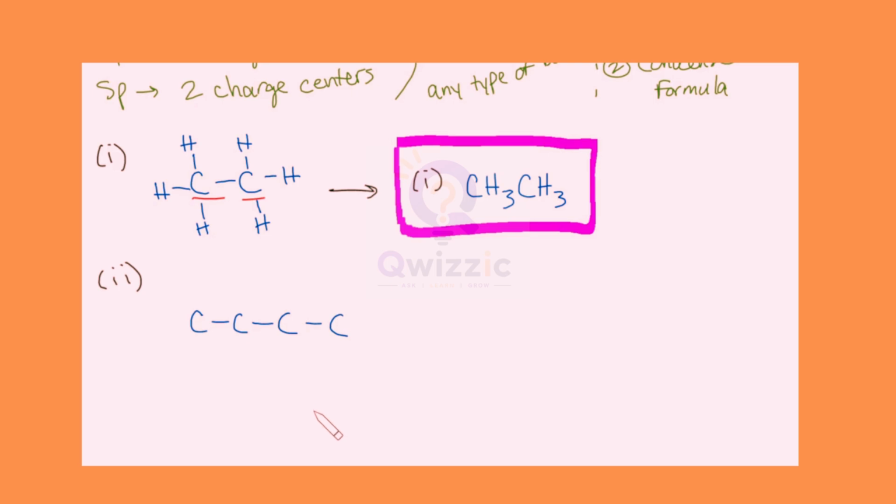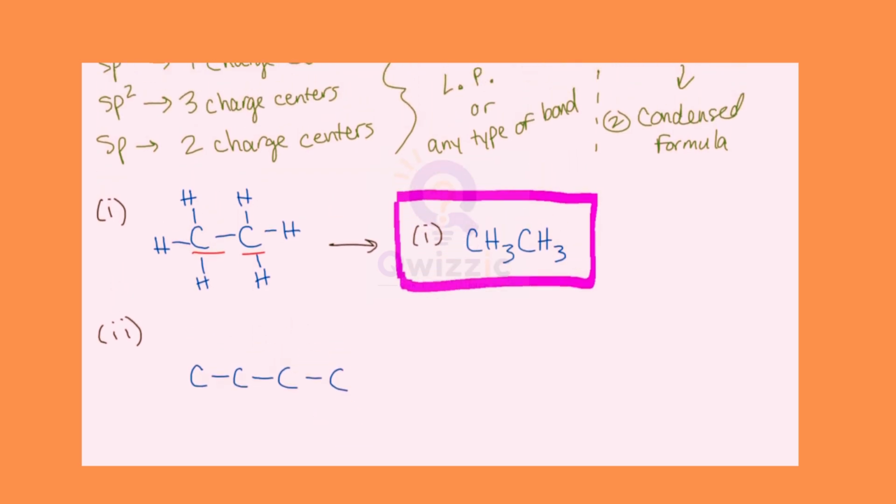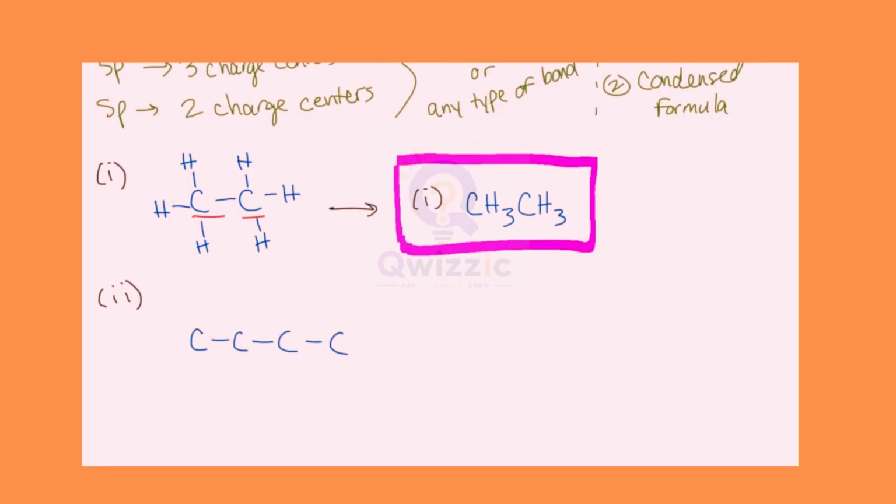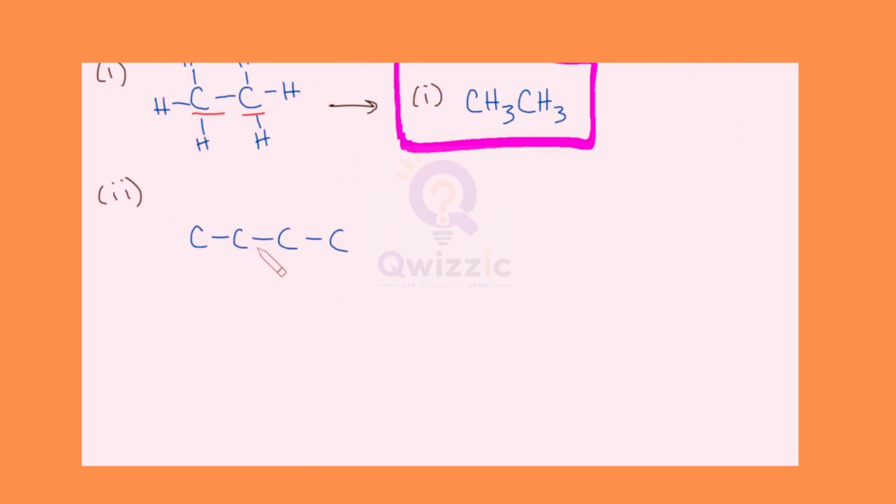So sp² hybridization means we're going to have a double bond, right? 2 carbons with sp² hybridization means we'll have 1 double bond between 2 carbons. So let's make that the center 2 carbons, why not? And then the outside carbons on the ends will be sp³ hybridized.